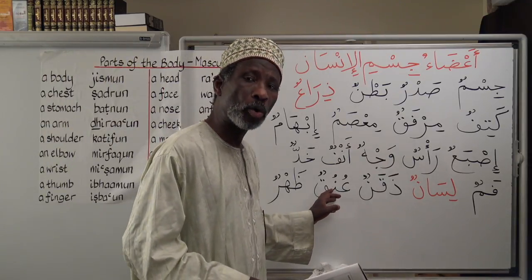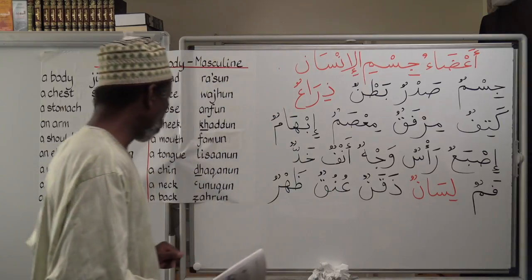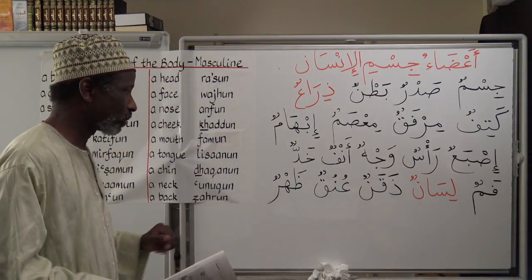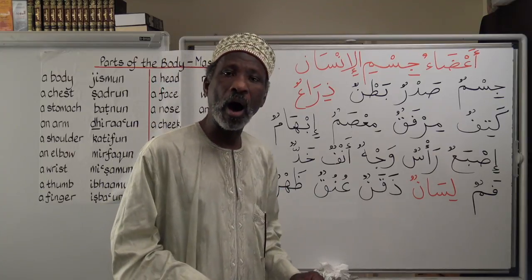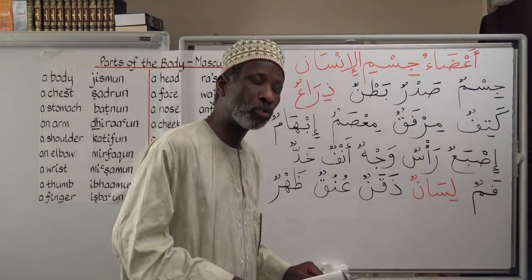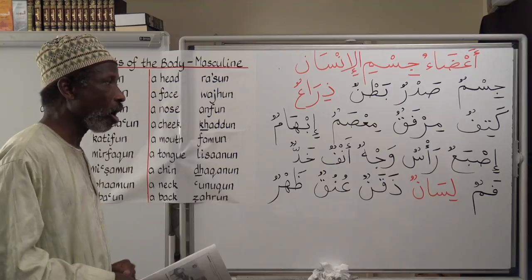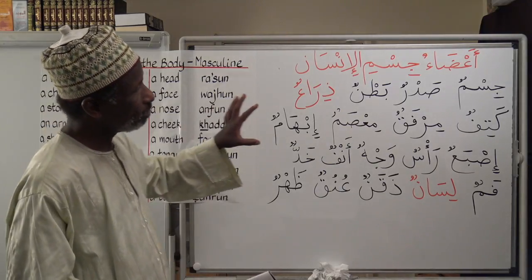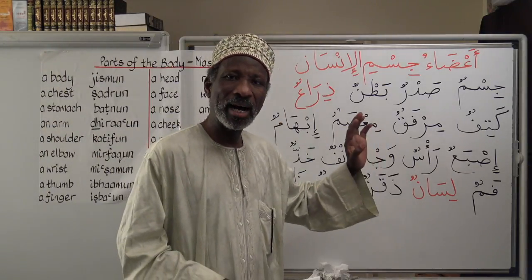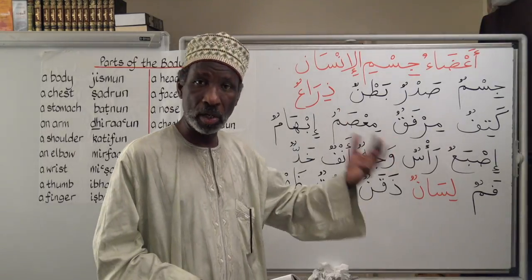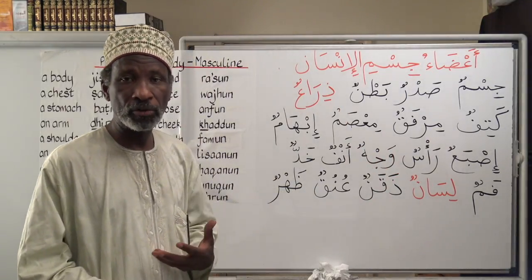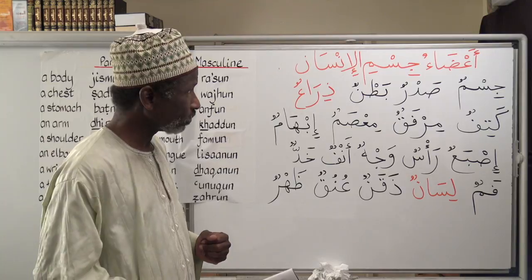And unuqun, a neck. Finally, dhahrun, a back. So these are the mainly masculine nouns or words as parts of the body.